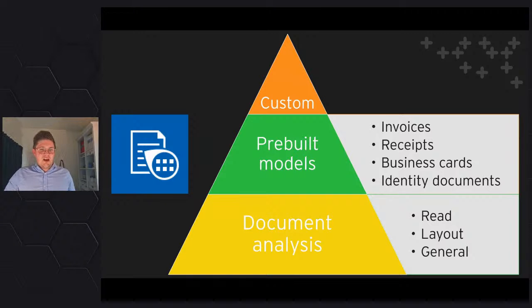And on top of this, we have the custom models. The custom models are where you can train a model yourself that's tailored to your specific domain, to your specific document. So when the general model in the document analysis part, or when the layout, fails you, you can train it.